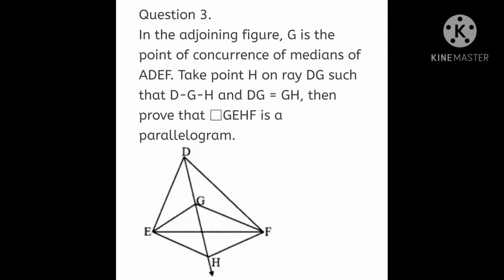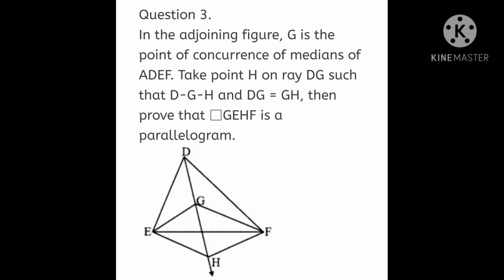So point G is a centroid of triangle DEF, and point H is on the ray DG such that points D, G and H are collinear, that means they lie on the same line, and DG is equal to GH is given here. Then you have to prove that the quadrilateral formed by joining the points GEHF is a parallelogram.